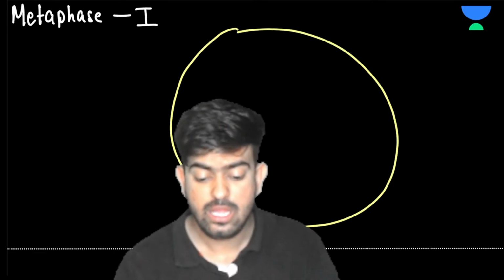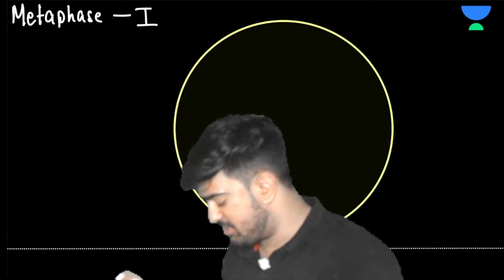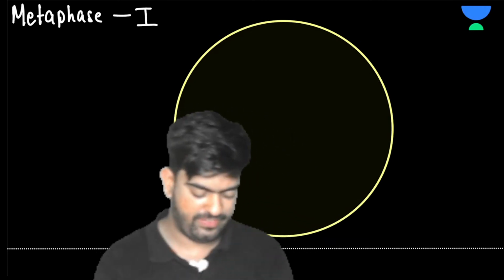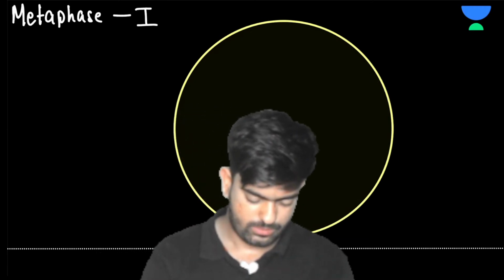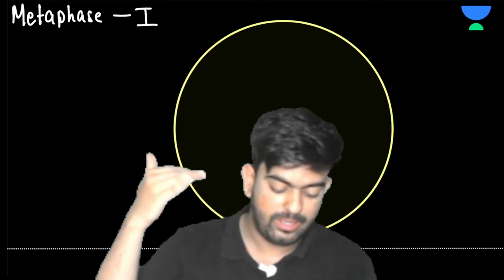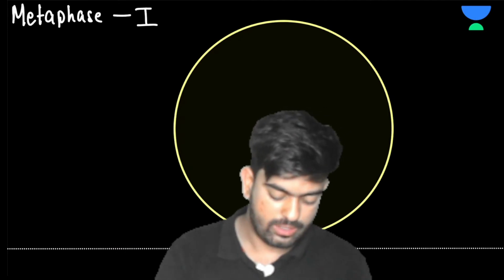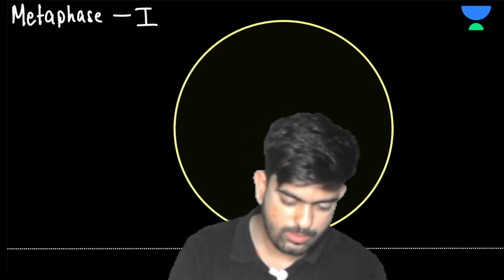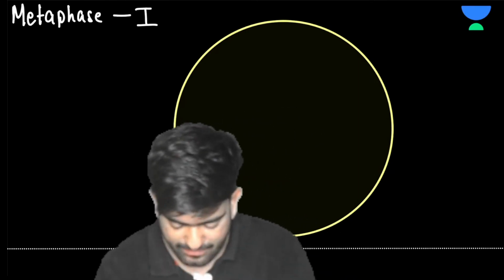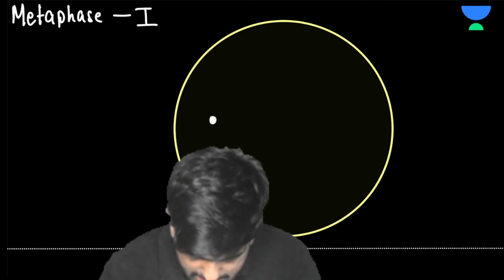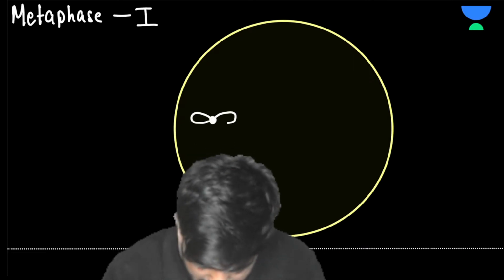So let's suppose that this is our cell. Should I draw a nuclear membrane in metaphase 1? No. Why can't I draw it? Because now the nuclear membrane is gone. So let me draw the chromosomes directly. The chromosomes will be aligned like this.